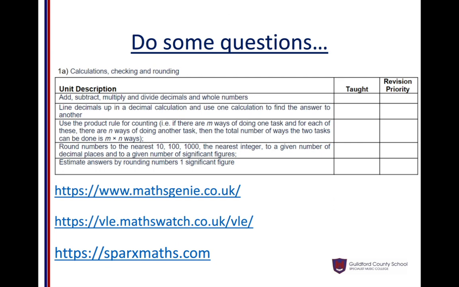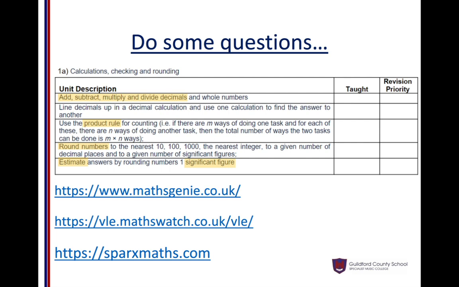So what you'll need to do when you get your knowledge organiser is you will need to highlight the key phrases that you will have to type into either Maths Genie, Maths Watch, or Sparks. So some might jump out to you already, such as add, subtract, multiply and divide decimals, using the product rule, rounding numbers, estimating, or significant figures.